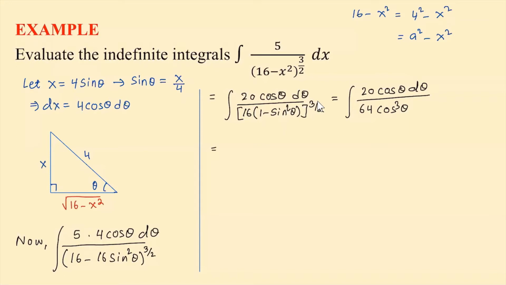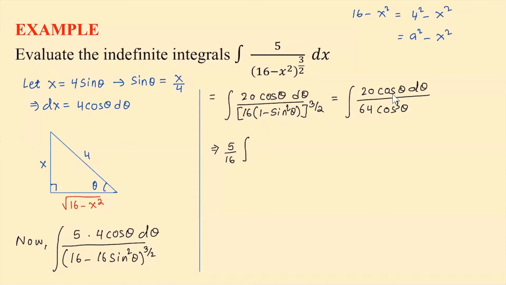Now if we simplify this, we get 20 over 64. You can reduce that by dividing both numerator and denominator by 4. So 4 times 5 is 20, 4 times 16 is 64. So that becomes 5 over 16.